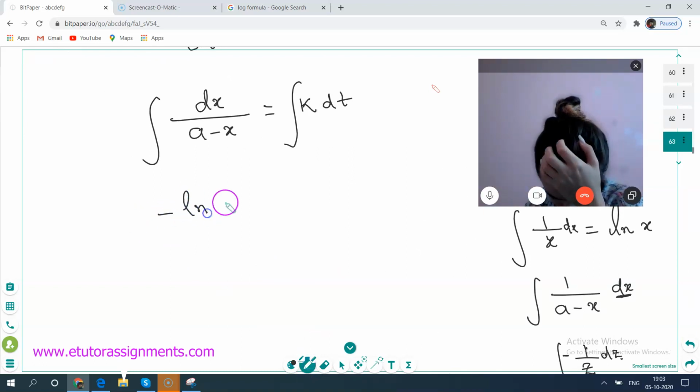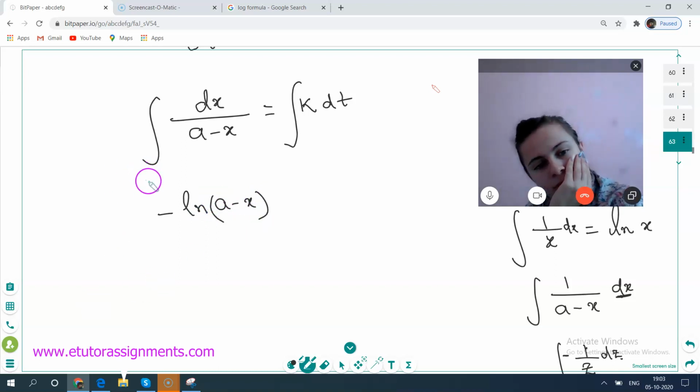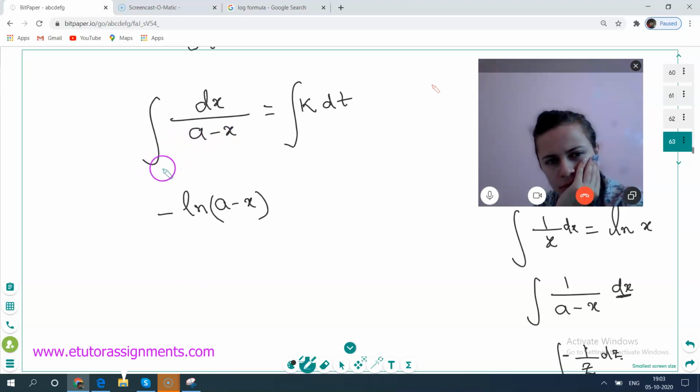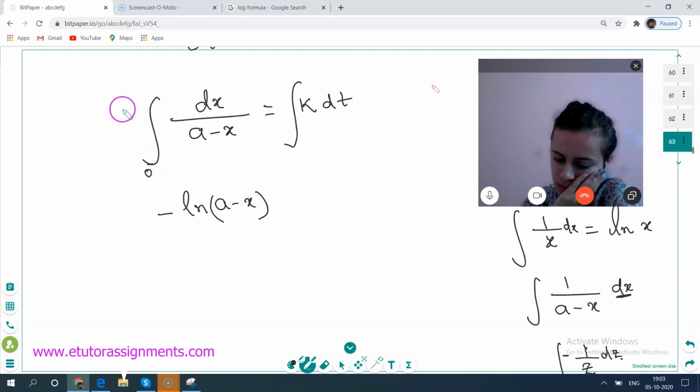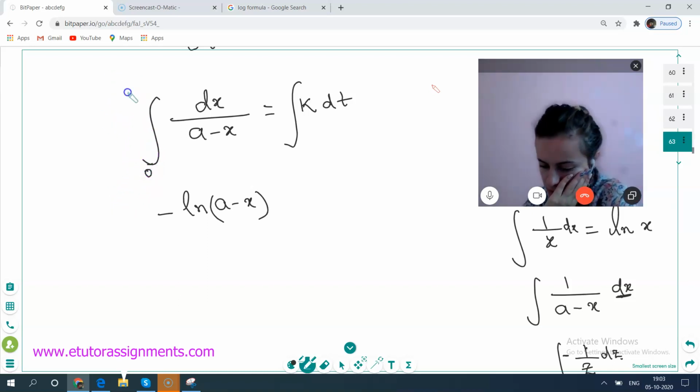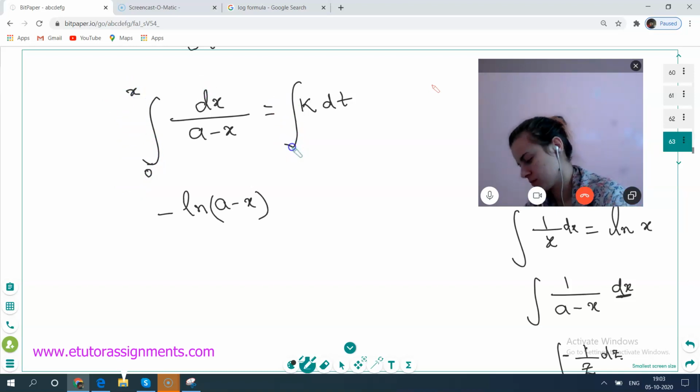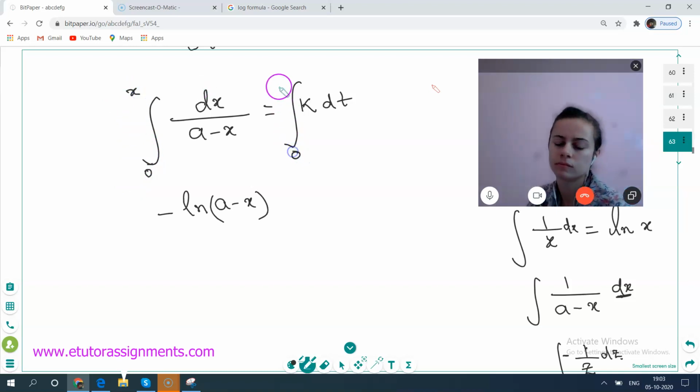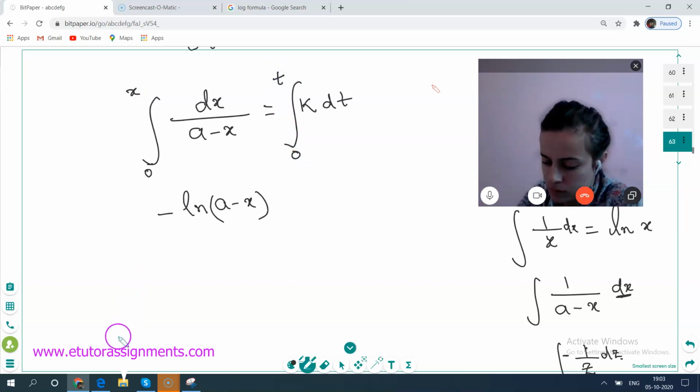Initially what is the value of x? Initially zero. After time t, x. So at time 0 to time t.